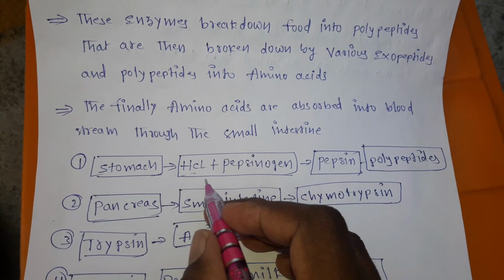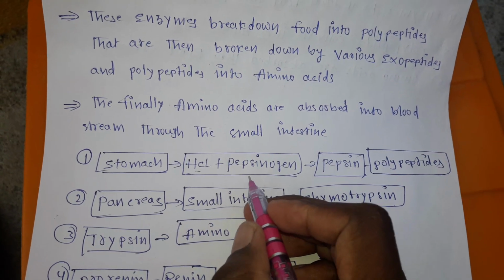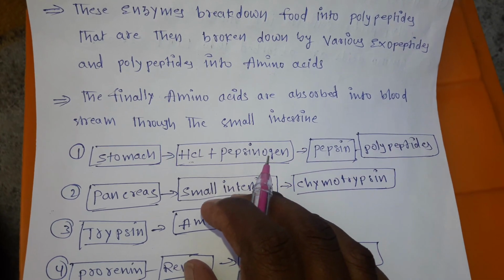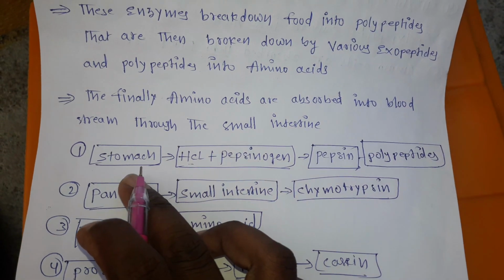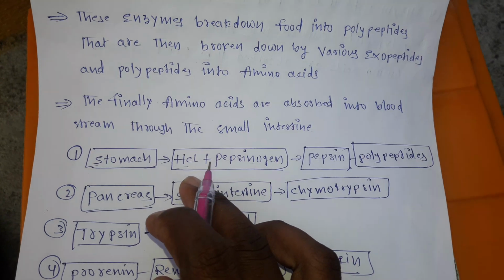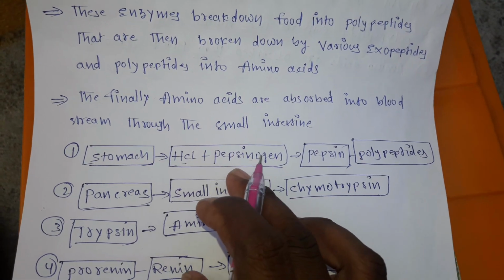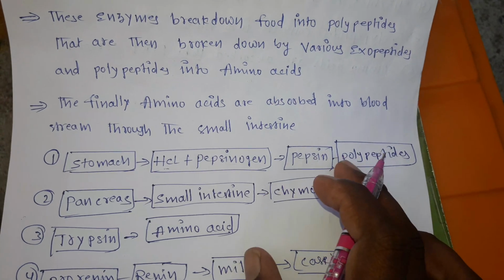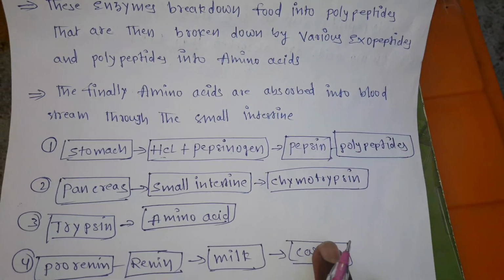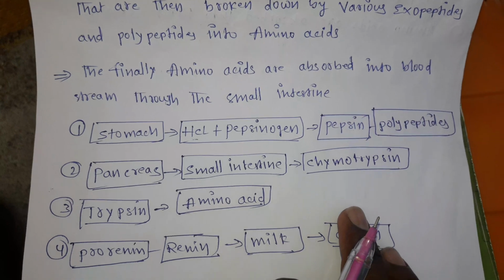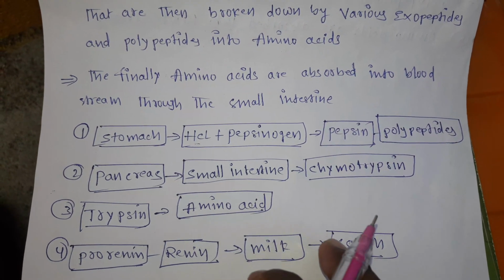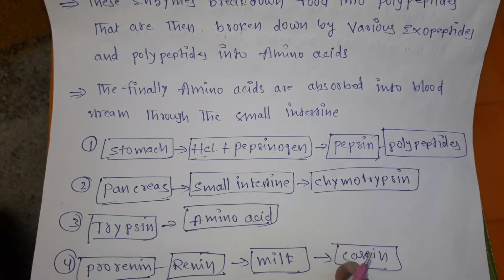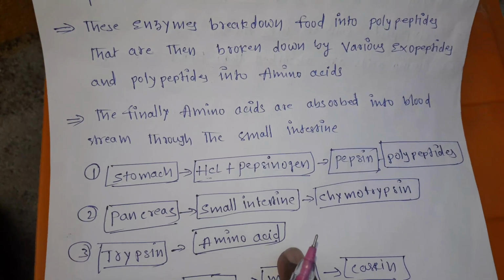Without hydrochloric acid it is in an inactive form, meaning it never starts its function. In the stomach there is release of hydrochloric acid and pepsinogen. This pepsinogen becomes pepsin and converts the food items into polypeptides, a simpler form, and these polypeptides convert into amino acids. But it's not completed in the stomach.